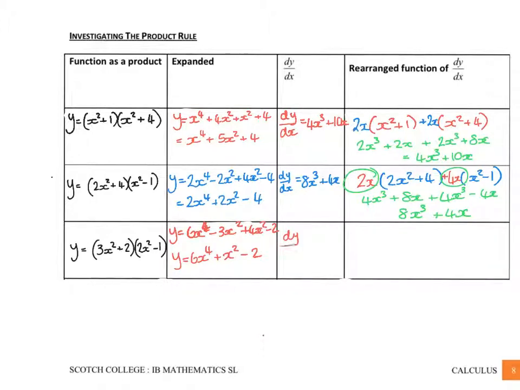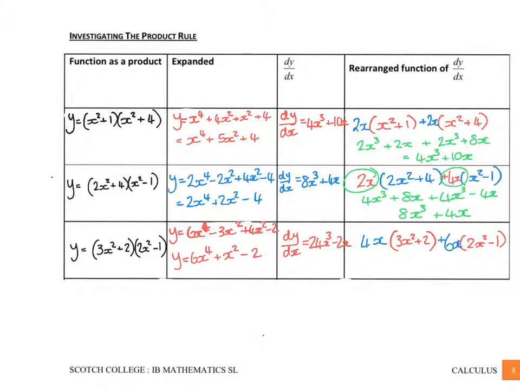The derivative then would be, bring down the 4, 24x cubed minus 2x. Rearranging the original brackets to get the derivative, the coefficients that I want to put out the front are 4x out the front of this one. Any ideas for this one?